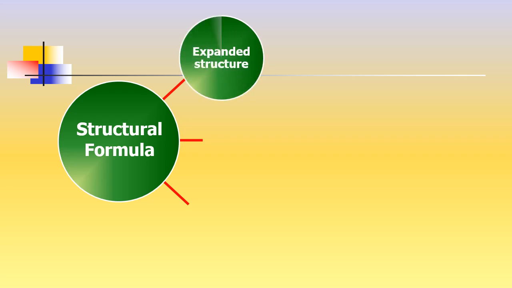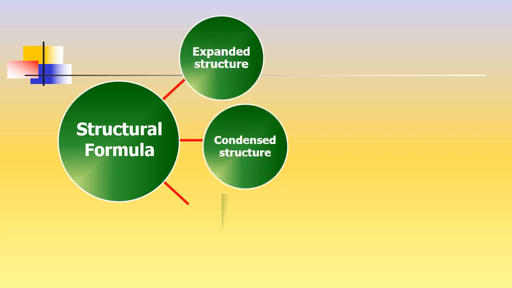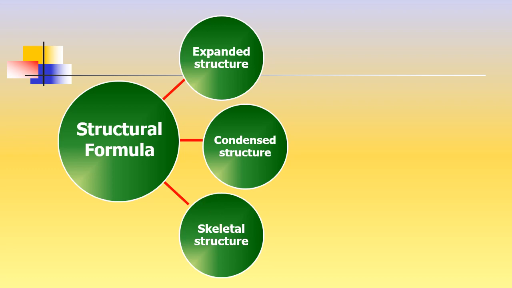As beginners in learning organic chemistry, students should master the writing of proper structural formula for organic compounds. The structural formula of organic compounds can be written in three forms: expanded structure, condensed structure, and skeletal structure.